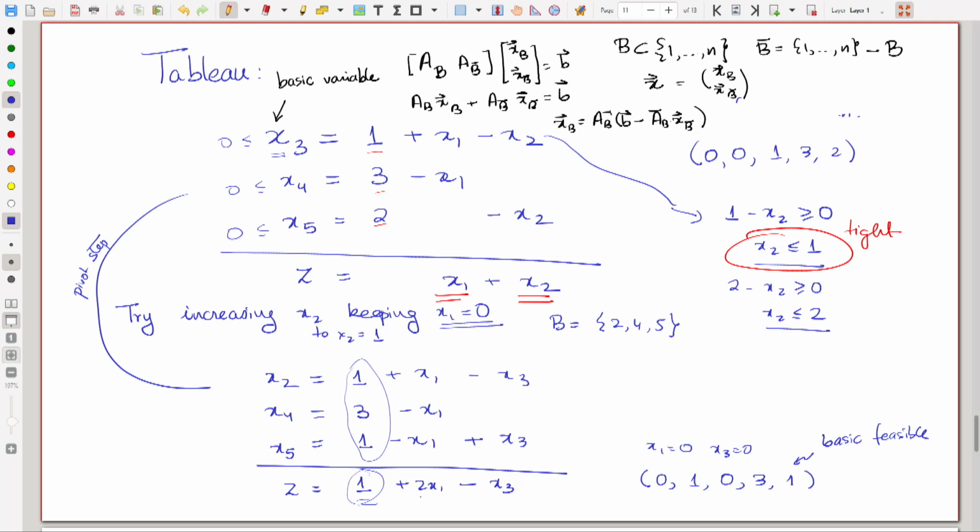So, for example, here suppose you had 2 x 1 plus x 3, then you would pick x 1 because it has the biggest coefficient. So, if you just increase it slightly, the objective function will increase a lot. But then you might want to say, okay, I can't increase x 1 too much. So, let me also look into how much I can increase it. You could use that as a criterion for choosing which variable.